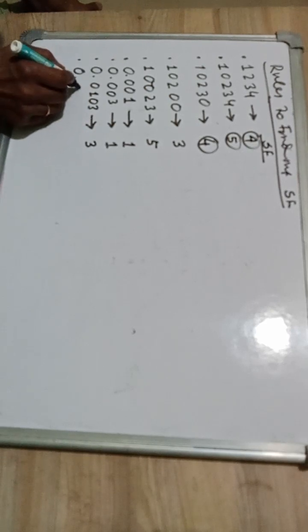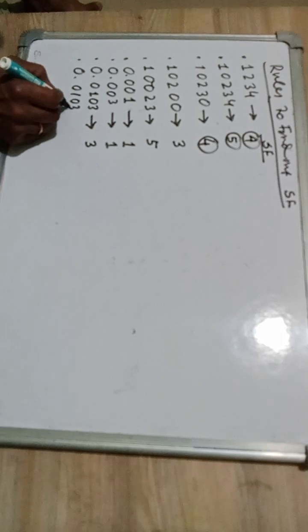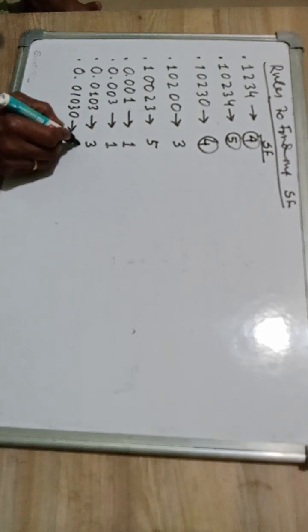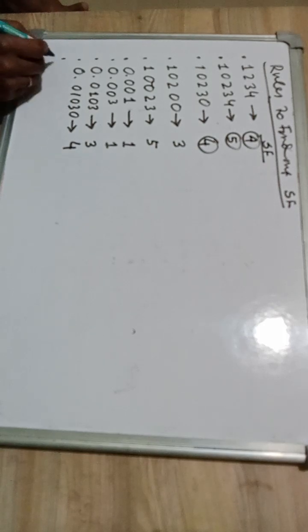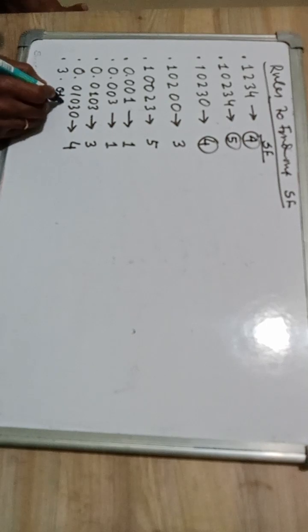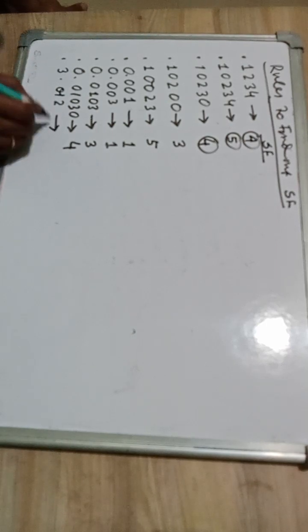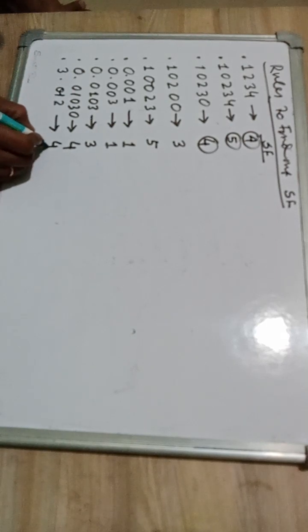Suppose we have 0.01030, significant figures will be 4. Suppose we have the number 3.012, significant figures will be 4.